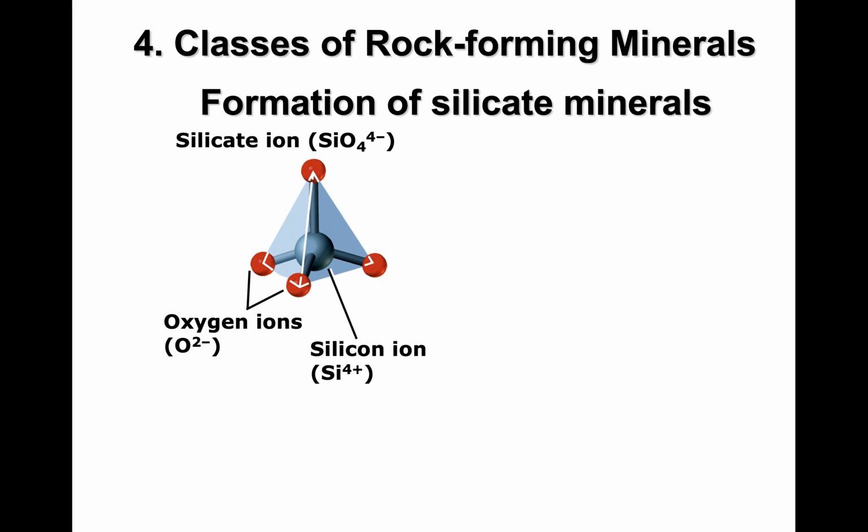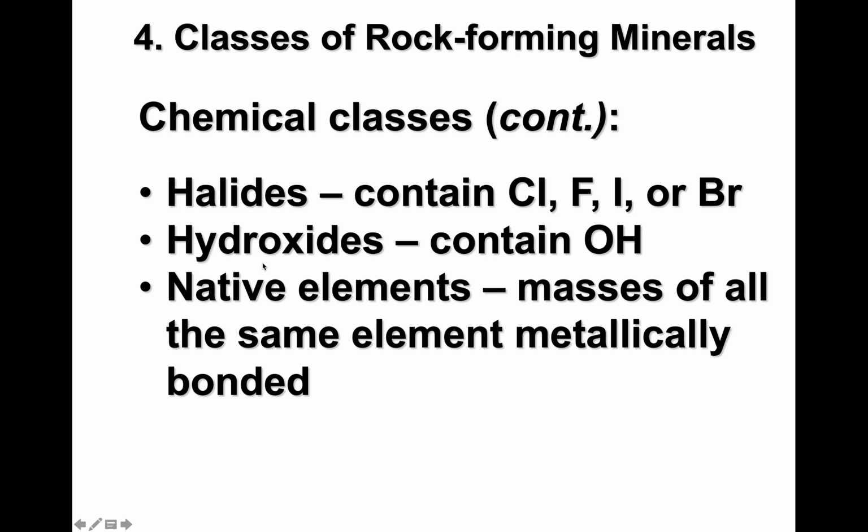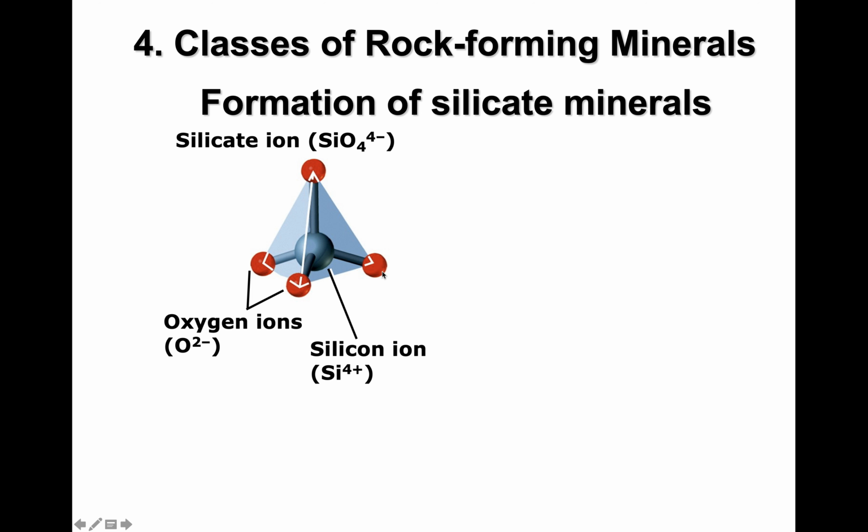So here we have now a silicate tetrahedron, the formation of silicate minerals. We have the silicate ion, that is SiO4 4 minus. In the middle here we have our silicon atom, and here we have 4 oxygen. The oxygen has 2 times negative charge.